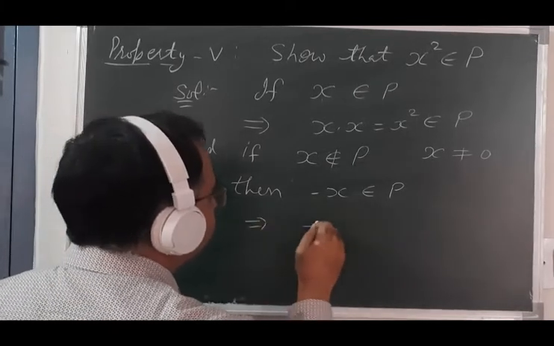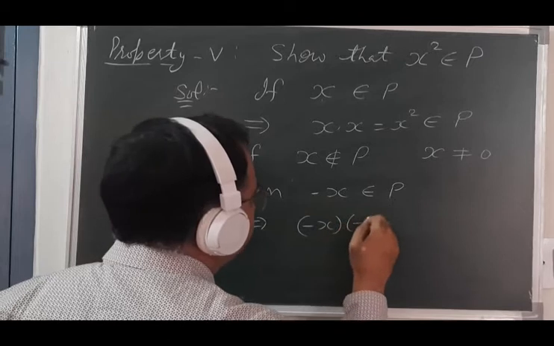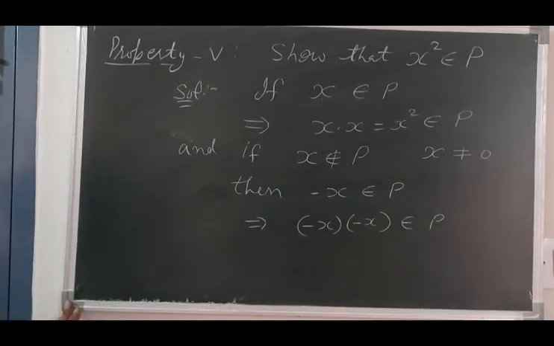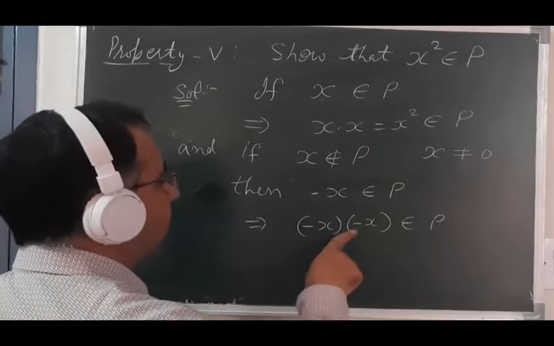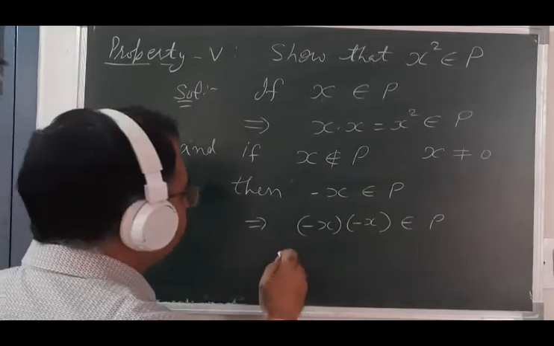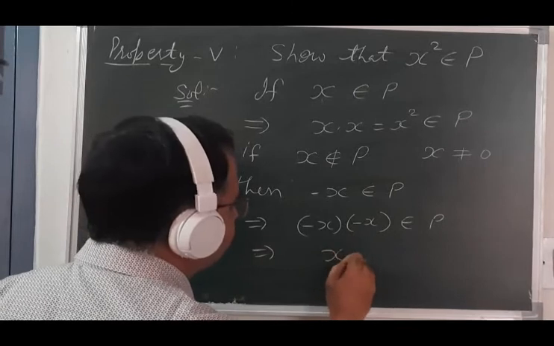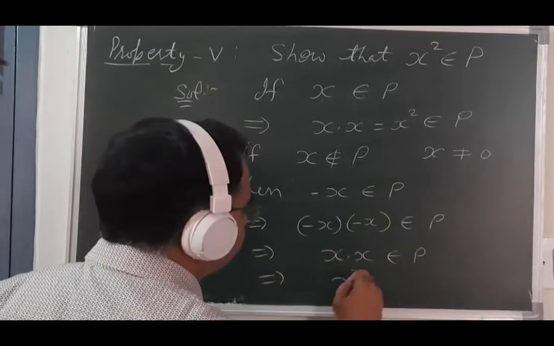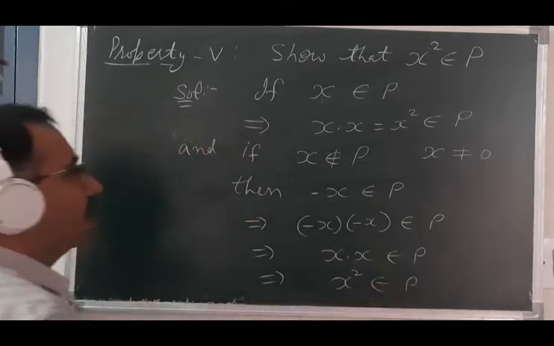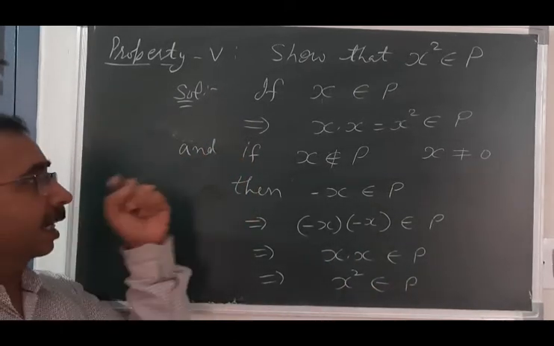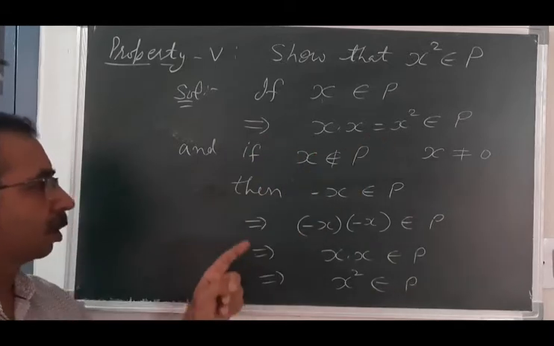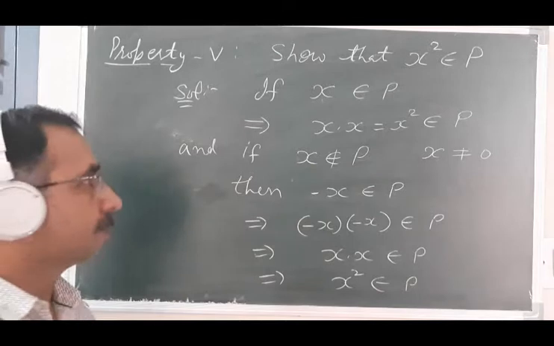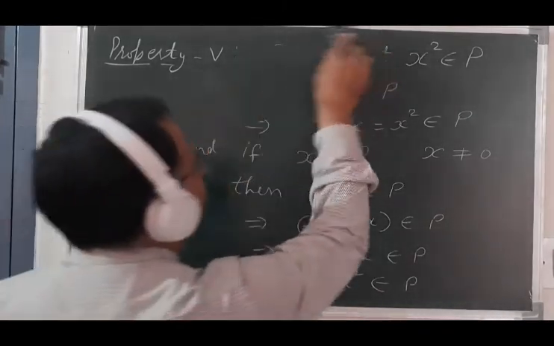So this implies minus x into minus x belongs to P. But we have already seen that minus x into minus y is xy. So this thing is x into x belongs to P, but x into x is x square belongs to P. So either x is positive, then x square is positive, or when x is negative, then x square is a positive number.